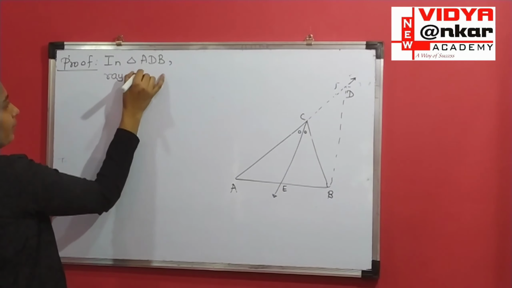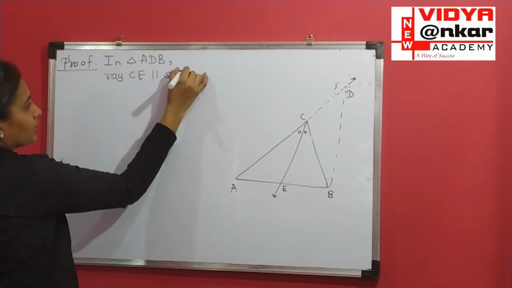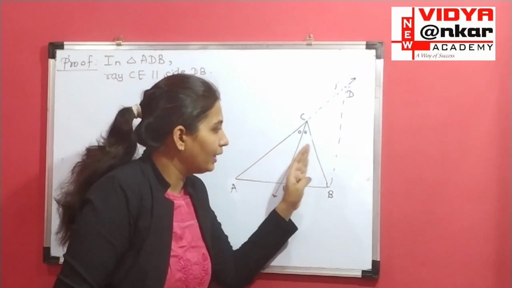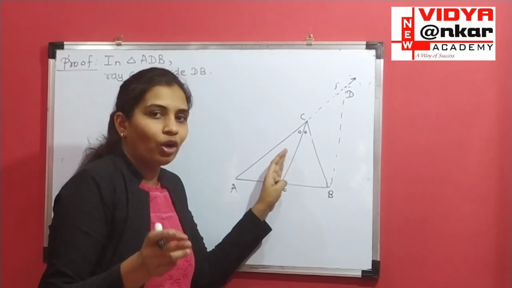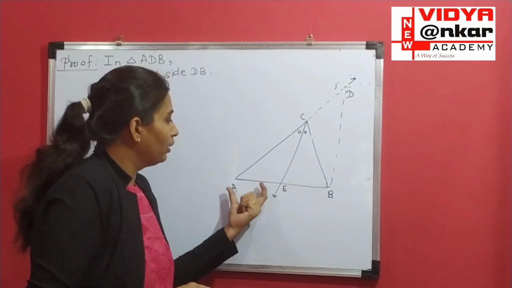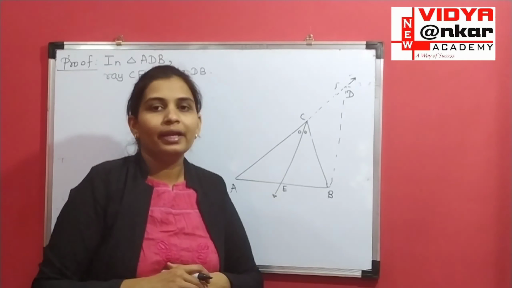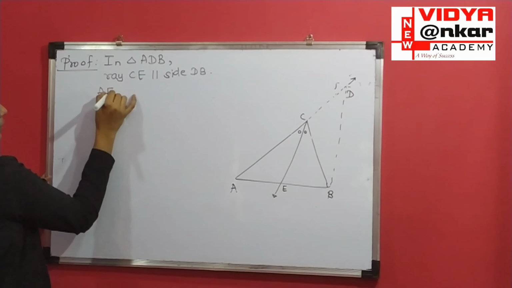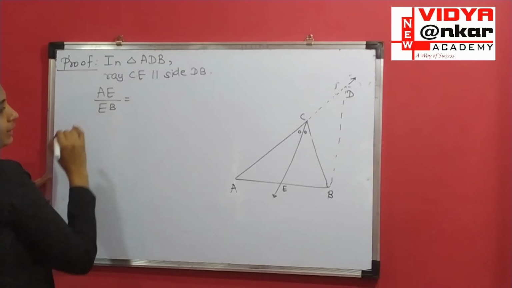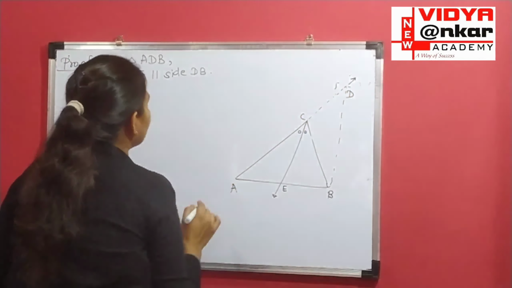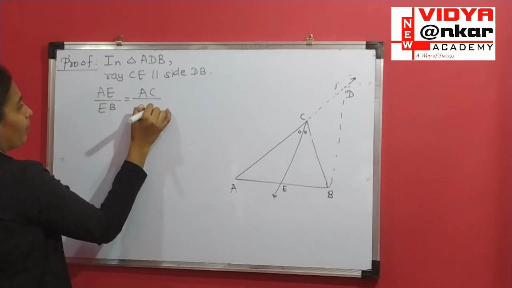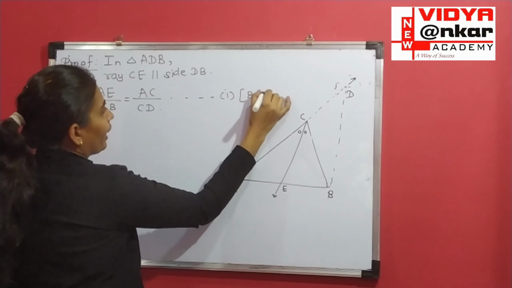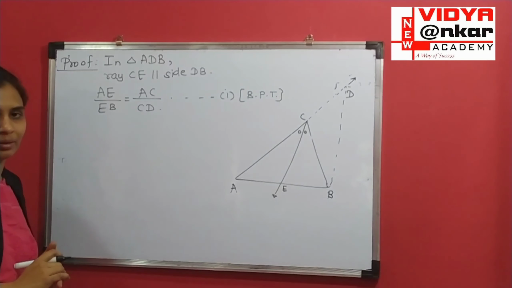Ray CE is parallel to side DB. Okay. Now, if these lines are parallel, then according to our basic proportionality theorem, these ratios will be equal. So, I can write here AE upon EB is equal to AC upon CD. Give it as number 1 and reason as basic proportionality theorem.